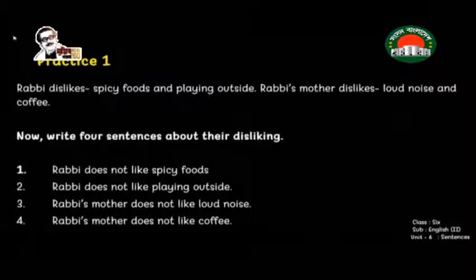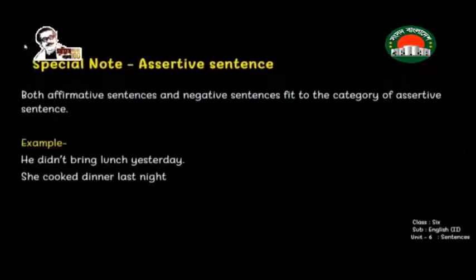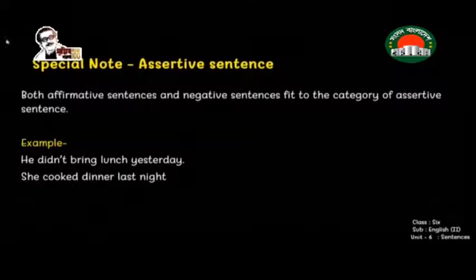So, I think you have got the idea about negative sentences. A special note to remember: assertive sentence. So, what is an assertive sentence? Remember, both affirmative sentences and negative sentences fit into the category of assertive sentence. For example, he didn't bring lunch yesterday, or she cooked dinner last night.